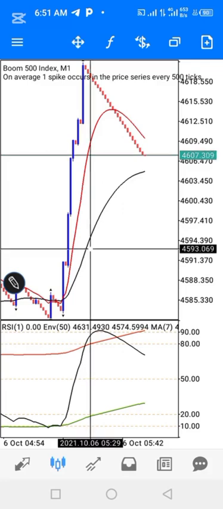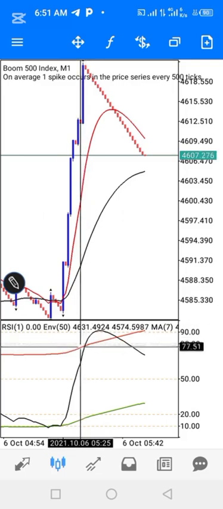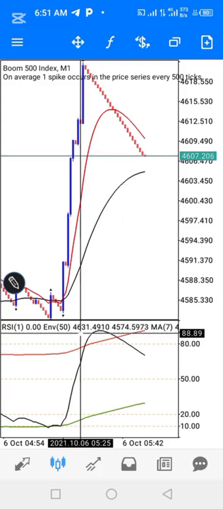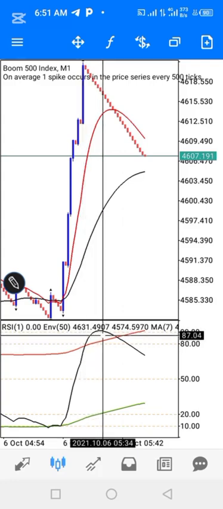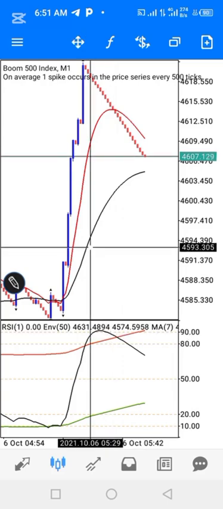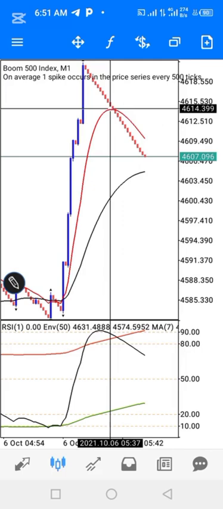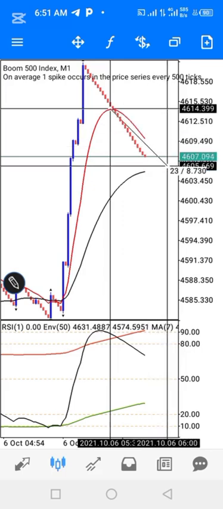Look at it now. You consider the same thing. You wait for your upper Bollinger Band, upper band envelope, to be at this 80 level or 90 level, preferably the 90 level. The moving average has to be at that level too. Then you can conveniently trade it, it's still running, right?